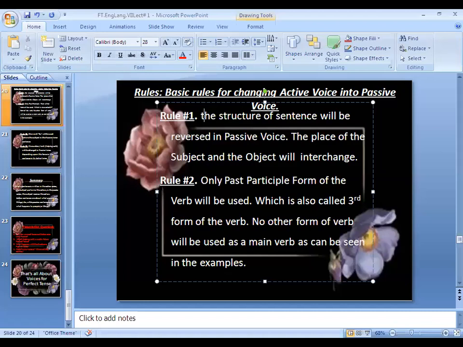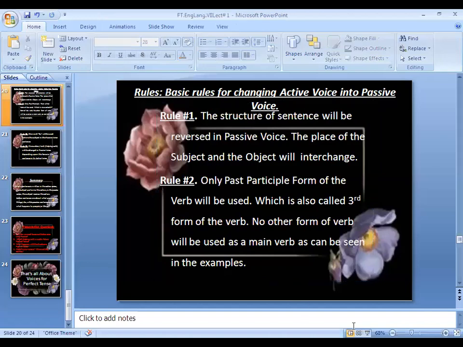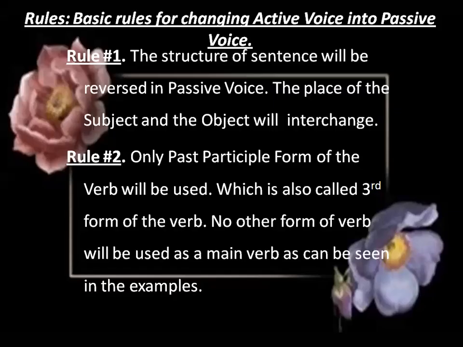Whenever we change active into passive, the structure of the sentence will be reversed. Object and subject places will be interchanged with each other. The structure of the sentence will be reversed in passive voice.